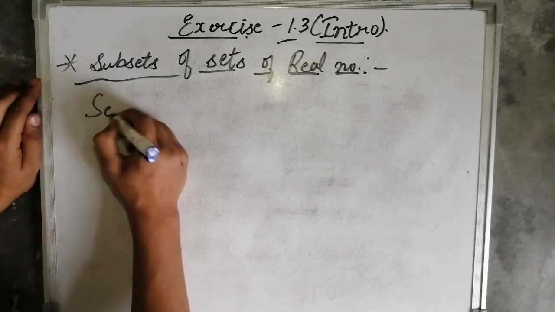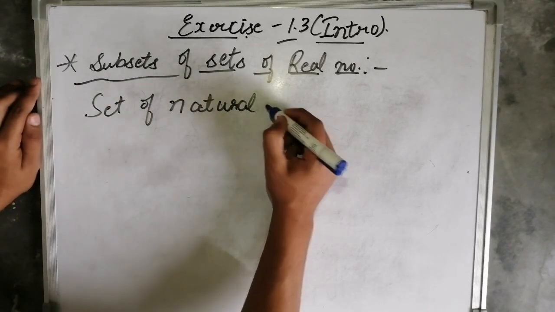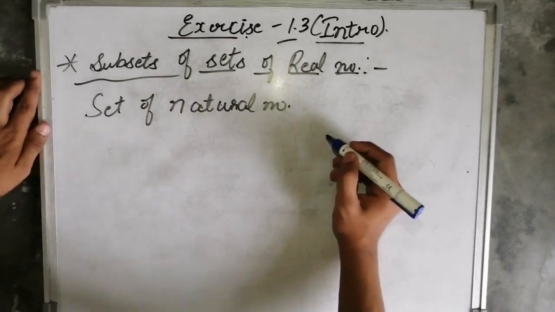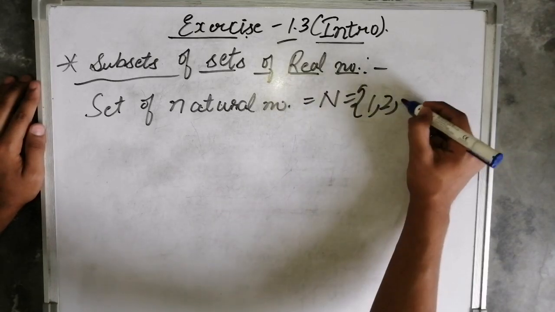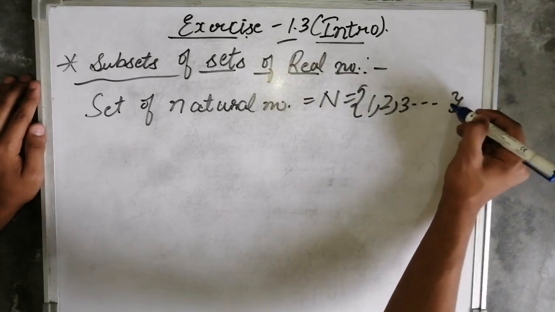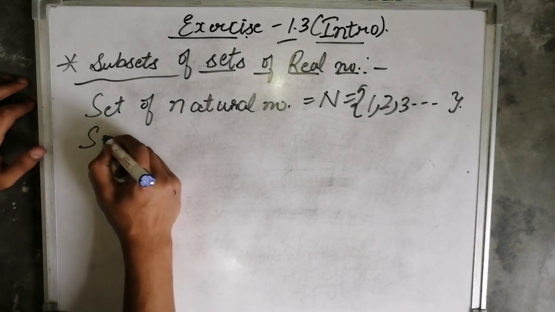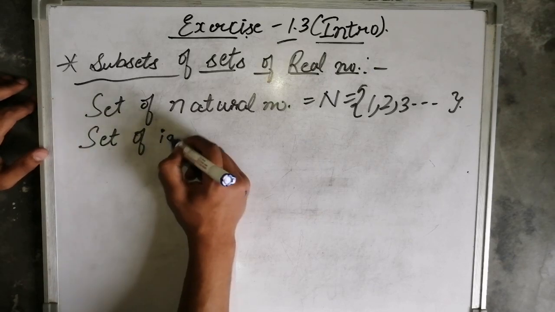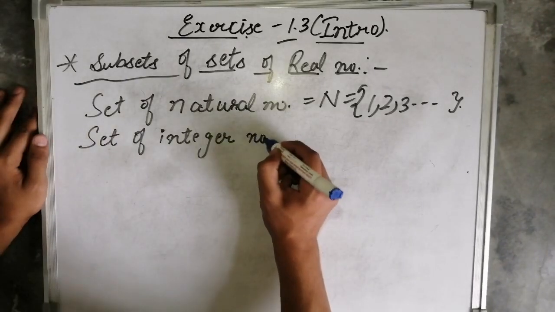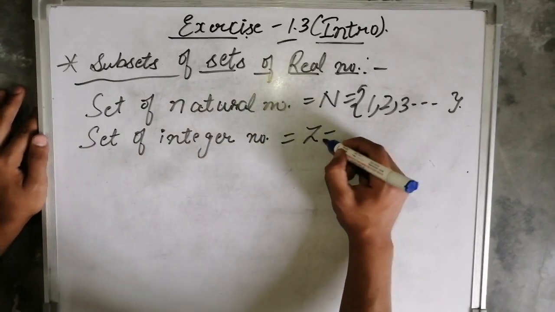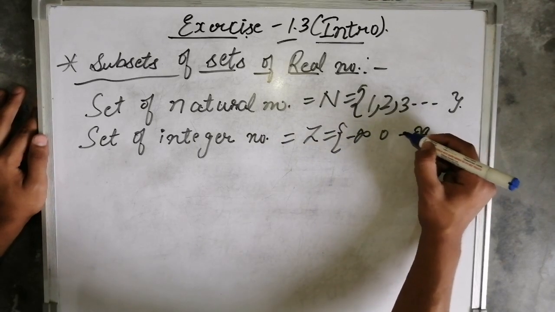Set of natural numbers: N is equal to 1, 2, 3 and so on till infinity. Set of integers: Z is equal to minus infinity to 0 to plus infinity.